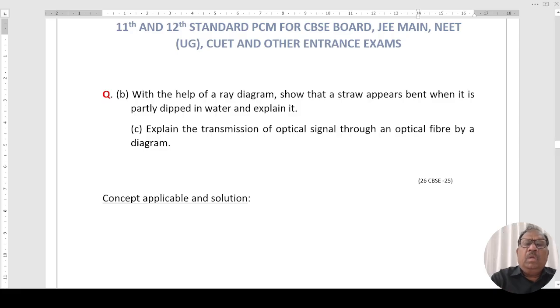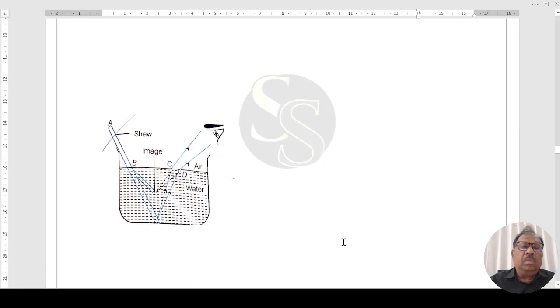Now question. Question is, with the help of a ray diagram, show that a straw appears bent when it is partially dipped in water and explain it. The second part is, explain the transmission of an optical signal through an optical fiber with a diagram. Concept applicable and solution. This is the straw. This is the observer.